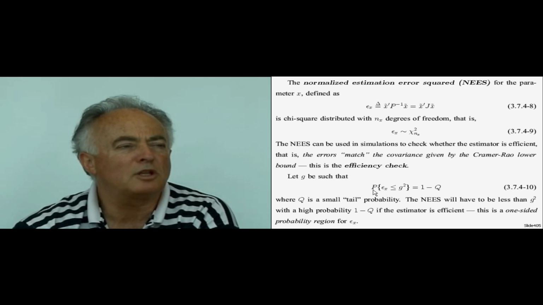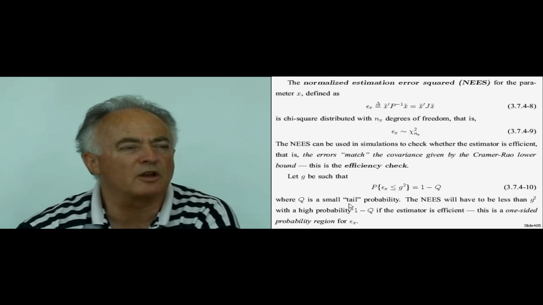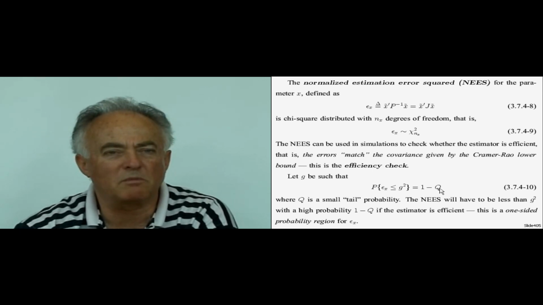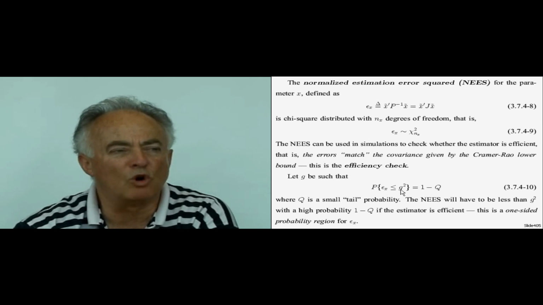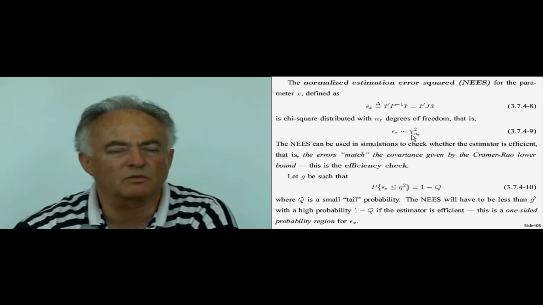The probability for this epsilon x being below g squared is 1 minus q for a certain value of g, and q being a small tail probability. So we set up a small tail probability, again between 1 and 5%, the threshold below which epsilon x has to be, in view of knowing its distribution as chi-square with nx degrees of freedom.